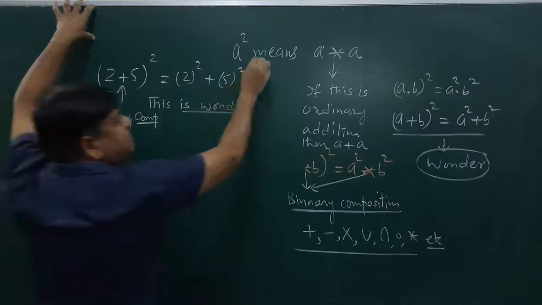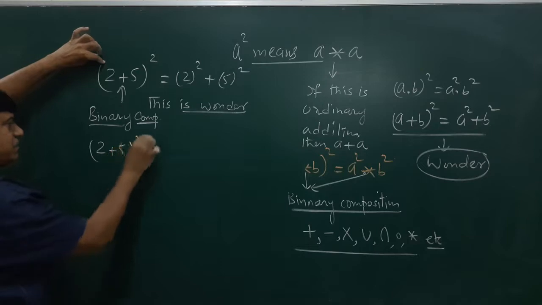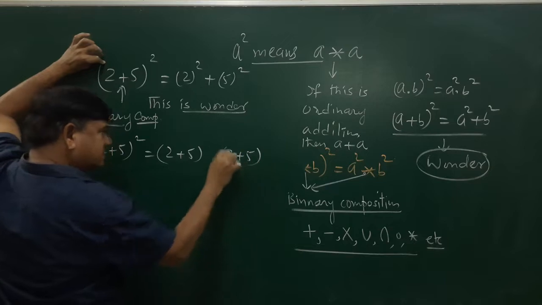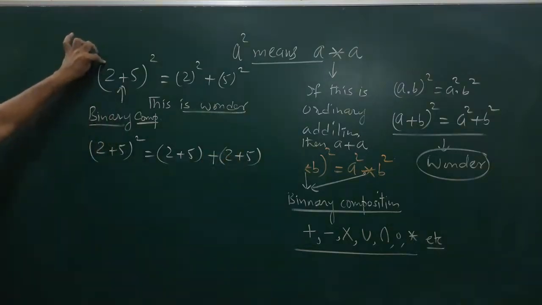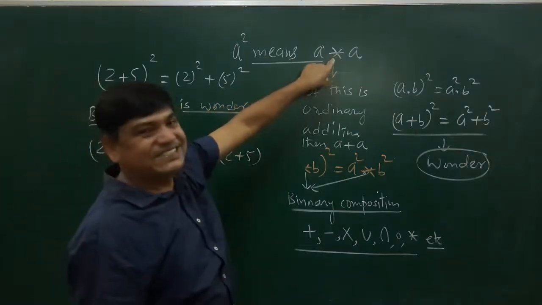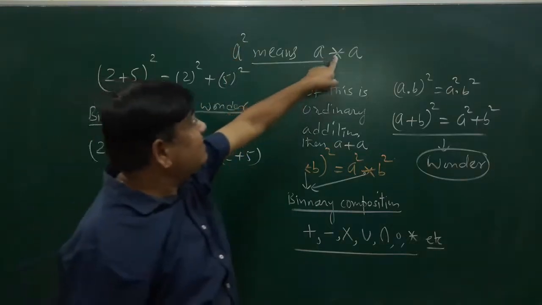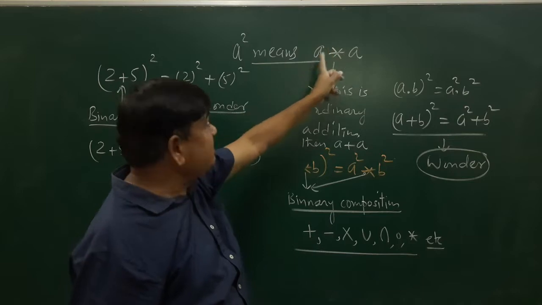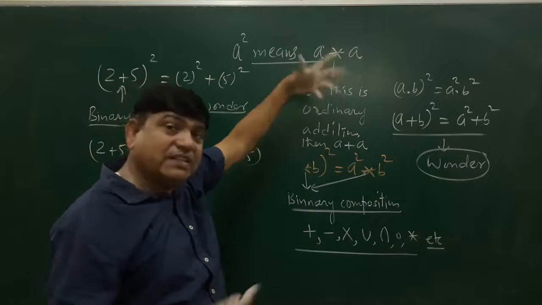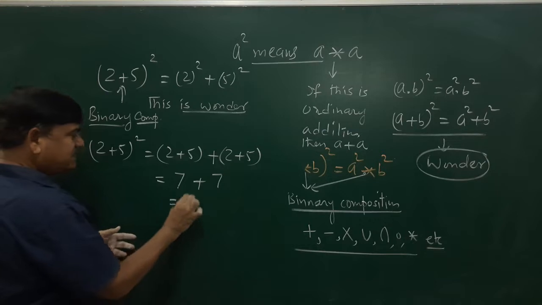What is the meaning of this? Here, 2 plus 5 whole square means it is 2 plus 5, not into. Binary composition is this. So the operation is this, and these two elements are identical. If plus then plus, union then union, then simplify this. This is 7, so the answer is 14.